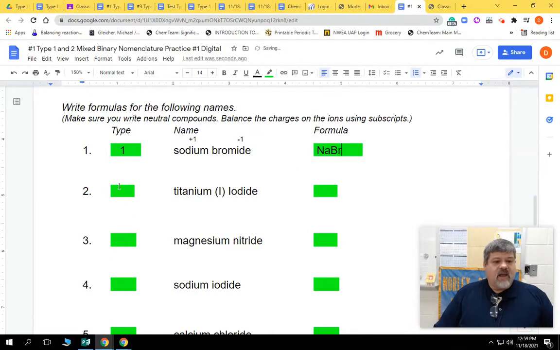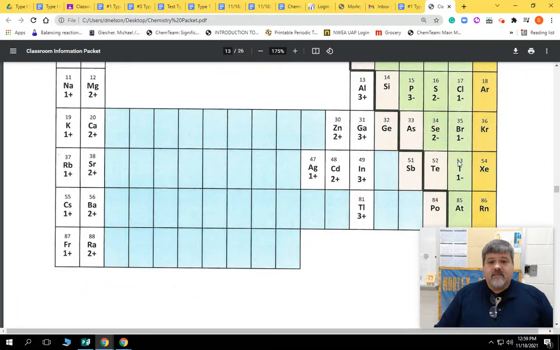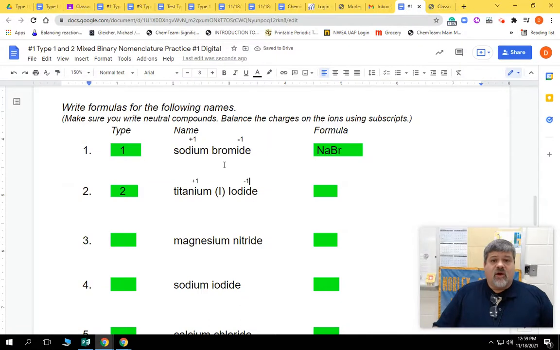We go to the next one. I have a Roman numeral, so I know that's a type 2. How do I know what the charge of titanium is? That's the Roman numeral, so we put a +1. Then we go over to iodine. Iodine is a -1. How do we know that? If we go back to our packet, we'll see that iodine is a -1. They already cancel each other out, so there's no need to crisscross.